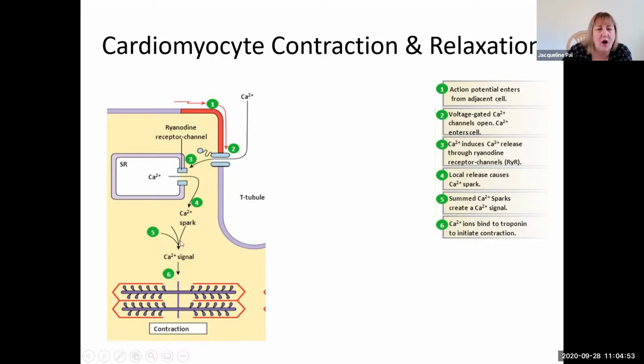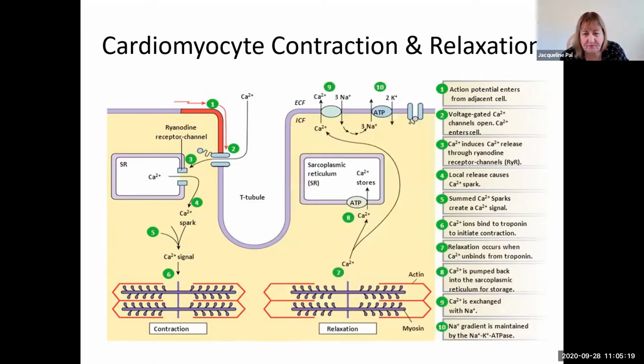And so all this calcium together then becomes a calcium signal, which binds to the troponin, and thereby pulls the tropomyosin off the active binding sites on the actin, allowing the myosin heads to go in and ratchet it, causing a contraction.